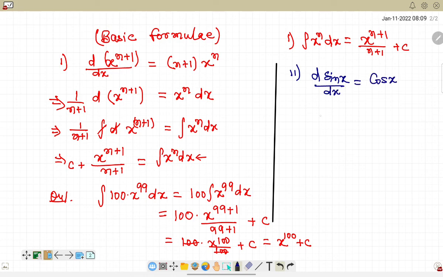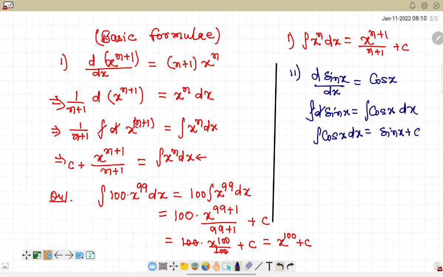So again we can write d of sin x is equal to cos x into dx. Now we can use the integration sign on both sides. Once we use the integration sign, these two will cancel. So you can write integration of cos x dx is equal to sin x, and we need to use one integration constant c.